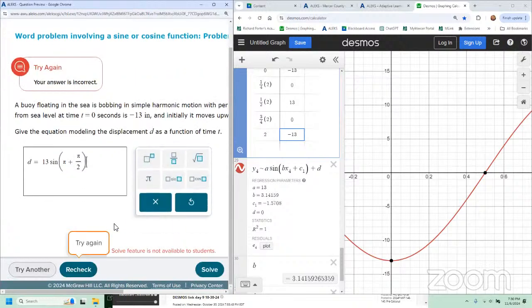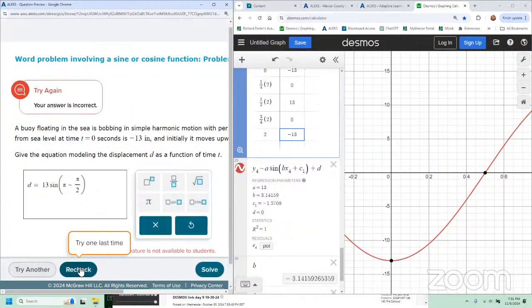Uh-oh, my answer's incorrect. What did I do wrong? 13 sine pi x plus, oh, that's minus pi over 2. That's why. Minus pi over 2. Okay. Recheck it.